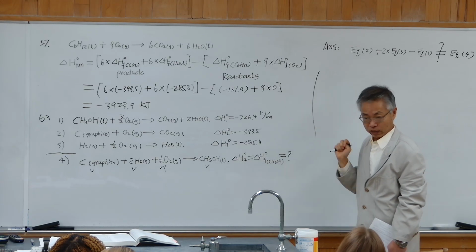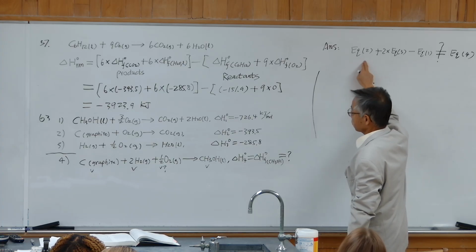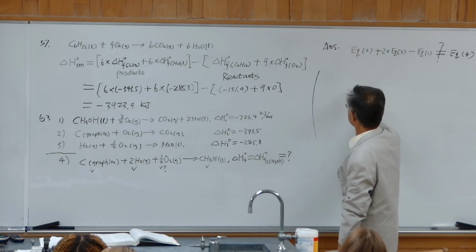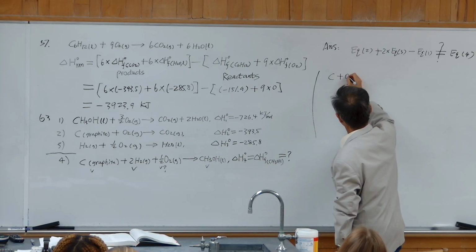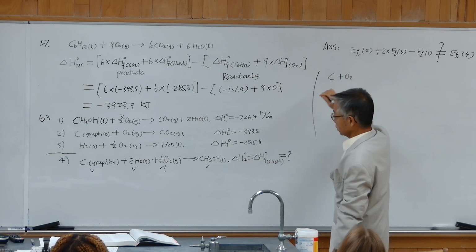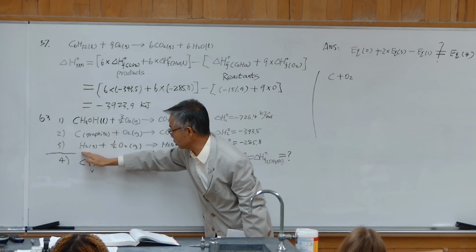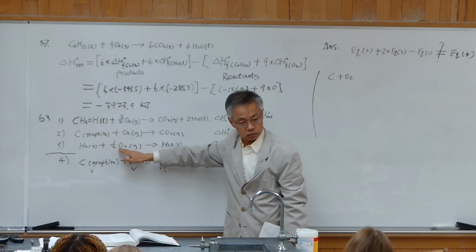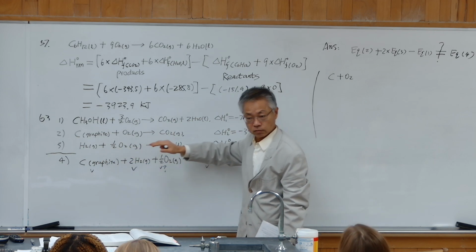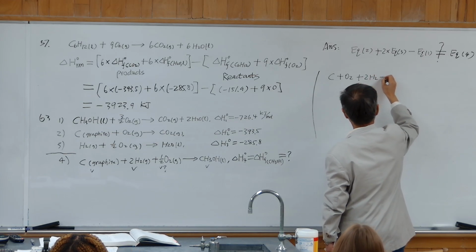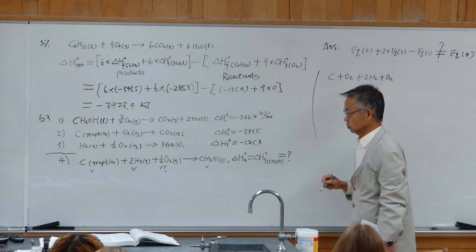First the left side. Equation 2's left side is carbon plus oxygen. And 2 times equation 3 will be 2 hydrogen gas plus 1 oxygen.